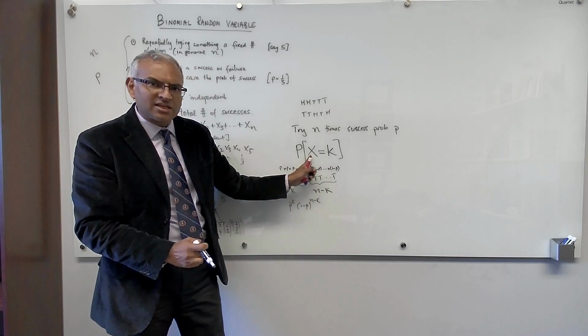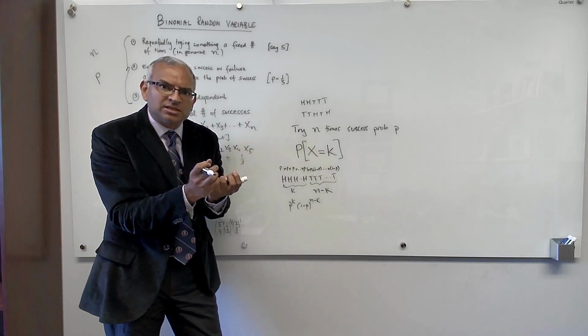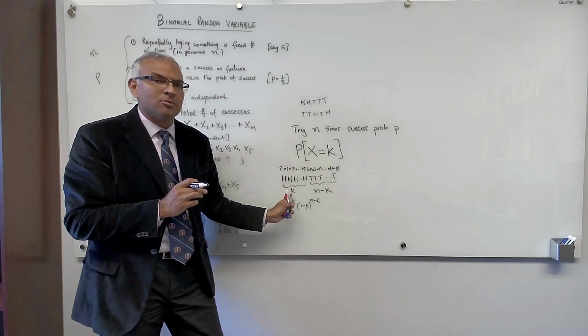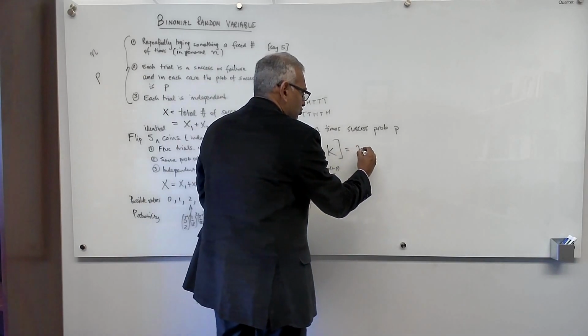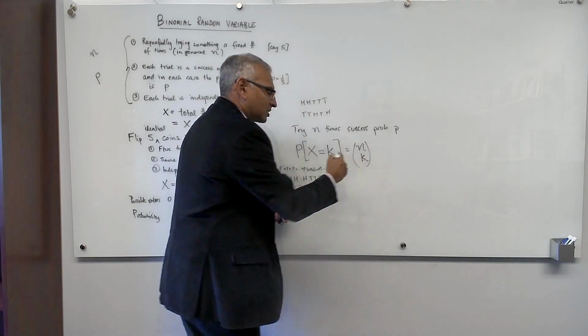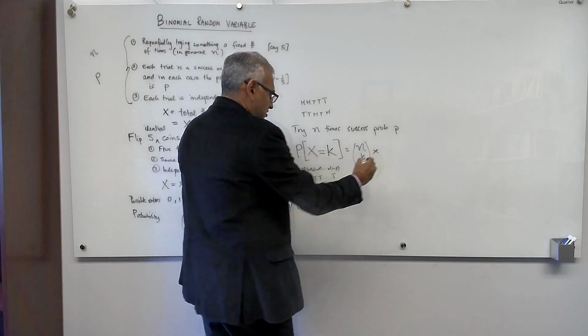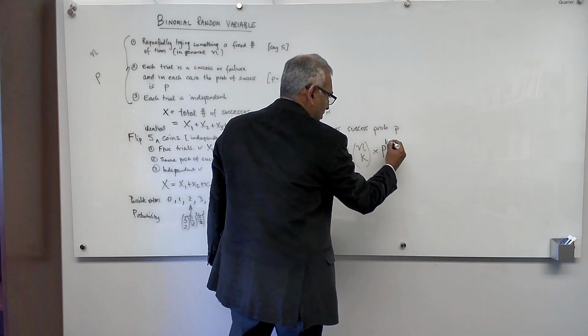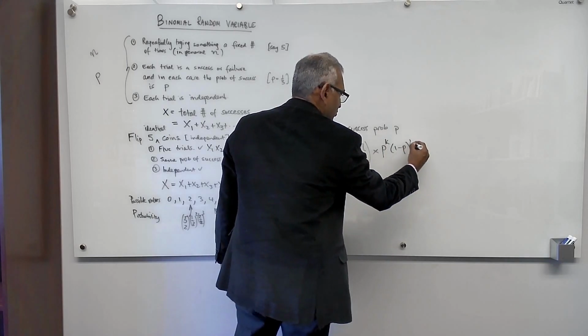So the probability that x equals k has to add up the probabilities for all the possible sequences with k heads. But we know how many there are. There are n choose k sequences with k heads times the probability of those sequences with k heads, which is p to the k, 1 minus p to the n minus k.